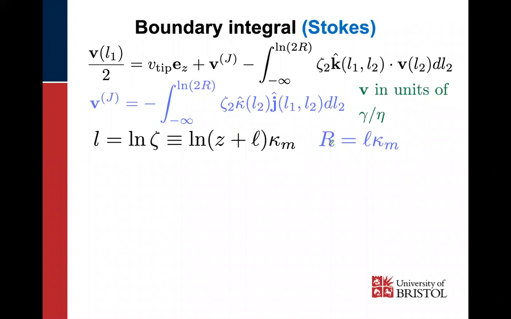And this variable R here is a non-dimensional curvature. It's the curvature at the interface made non-dimensional with the length of the drop. And from now on, velocity will always be given in units of gamma over eta, which is this capillary speed, which turns the velocity essentially into a capillary number.